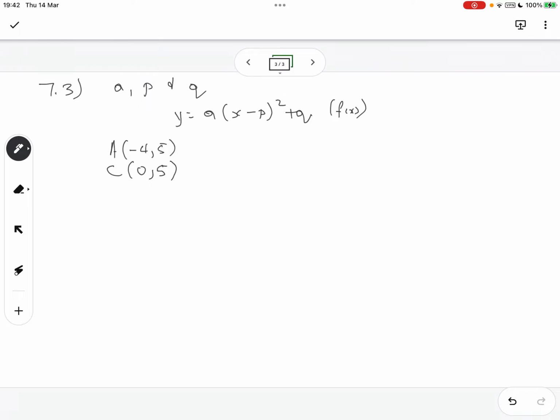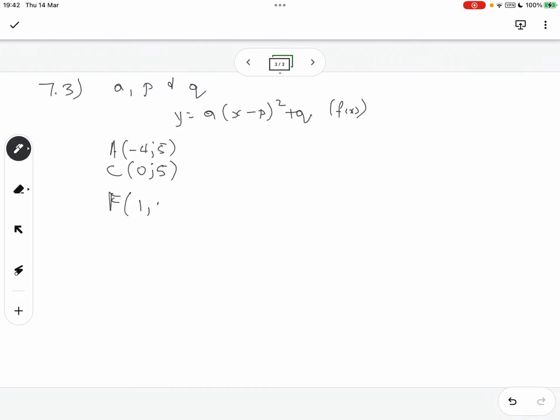And so we've got A is -4 to 5. We've got C, which is 0. -4 to 5 or -4 to 0? Which was it given? -4 to 5 is given.